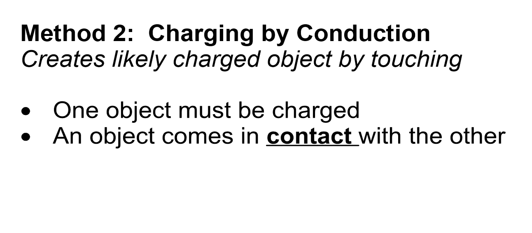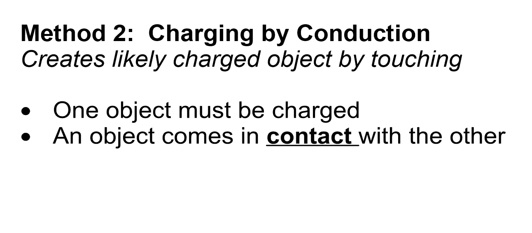Okay, so the second method of charging an object is charging by conduction. Conduction creates likely charged objects by simply touching an object. And when I say likely charged objects, I think you'll see what I mean here in just a second, but an object can very easily lose its charge by charging by conduction.